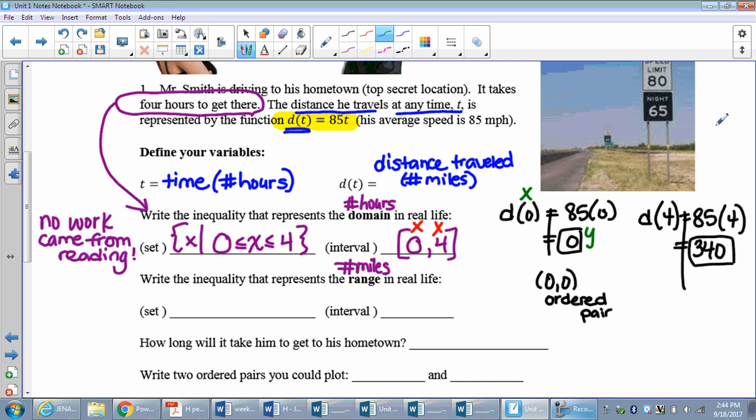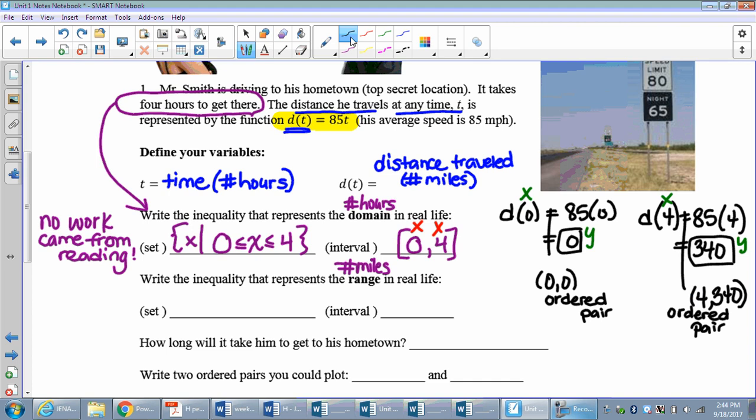And again, if I was looking to build an ordered pair, this was my x, I plugged in that x, I got out that y. So this would be 4, comma 340 as an ordered pair. And I make mention of this because if I did ask you to graph, these would be the two ordered pairs I'd look to graph.